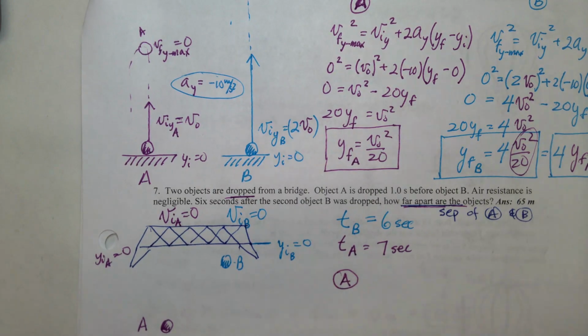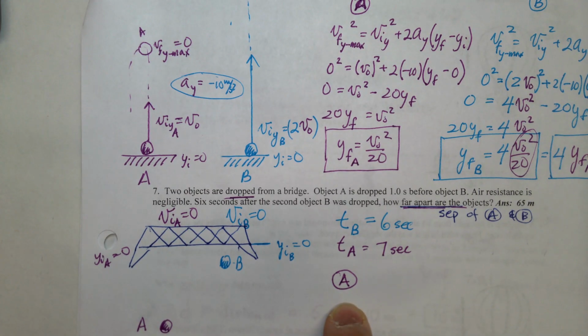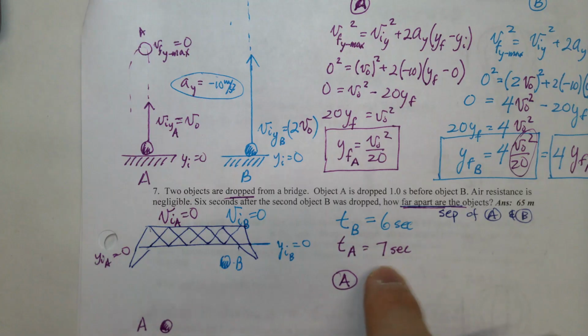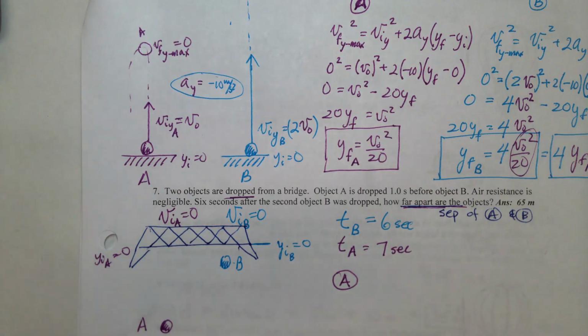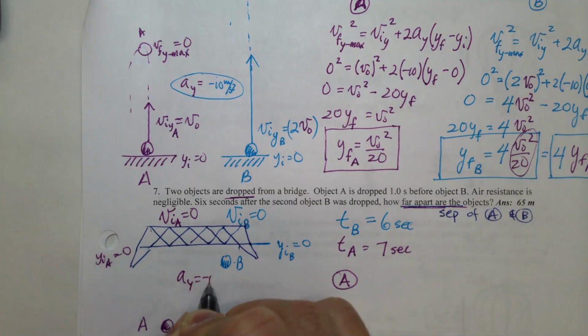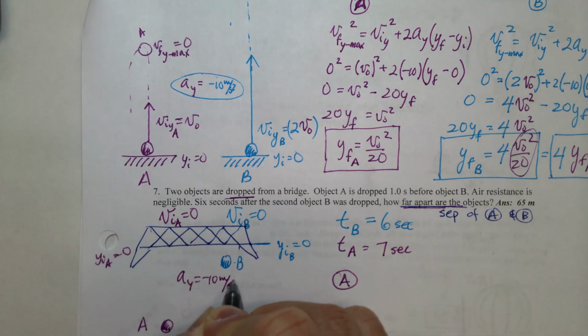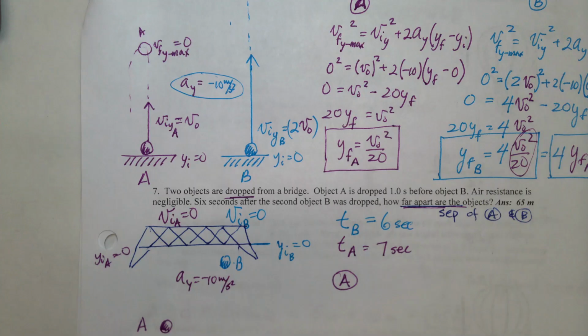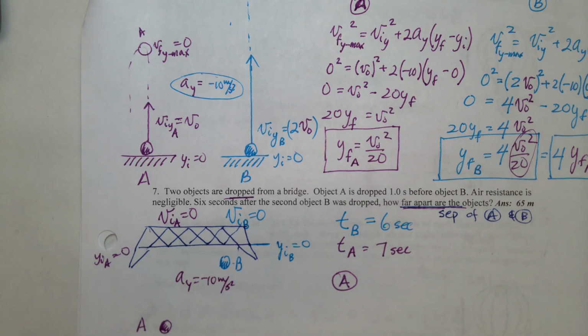All right. So here, let's take a look at ball A. Now, ball A has traveled for 7 seconds. So we know initial velocity. We know a sub y is -10 for both balls, or both objects, right? So we have all the ingredients for the second equation.